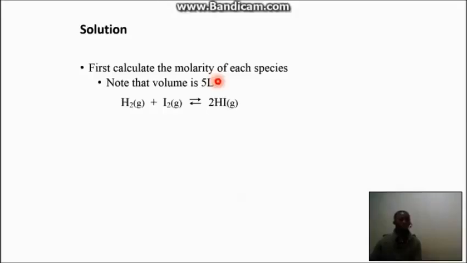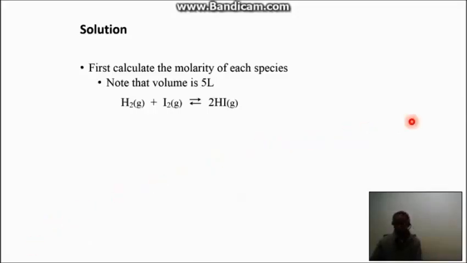So that is our volume, and we know the molarity is given by the number of moles over volume in liters. So we already have our volume, which is 5 liters. But we also have our equation. The equation is very important in determining the Kc, because the expression of Kc depends on the stoichiometry of the equation.